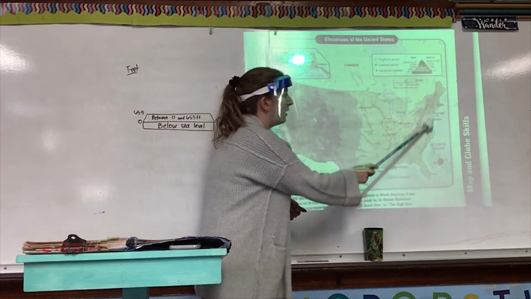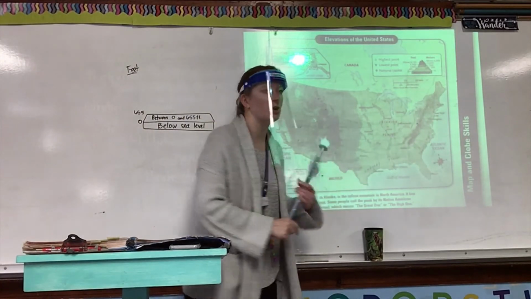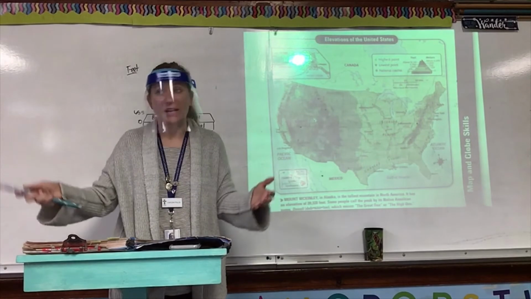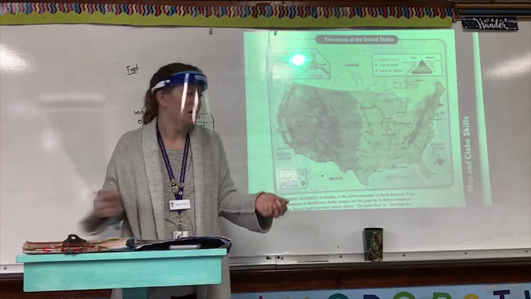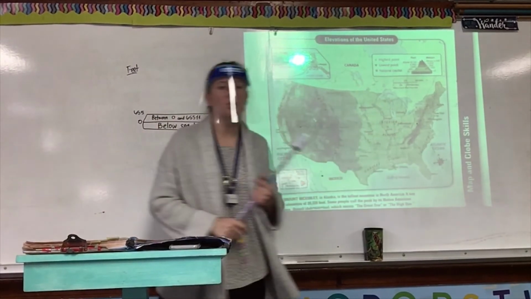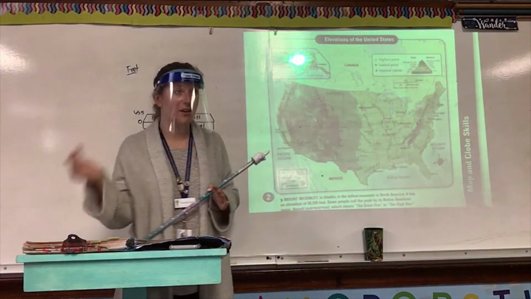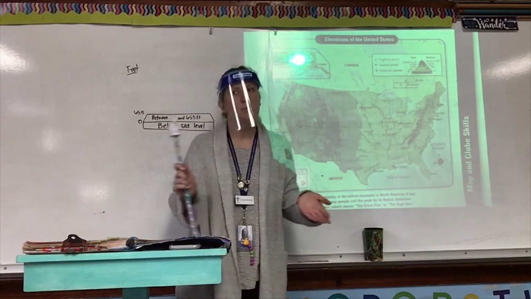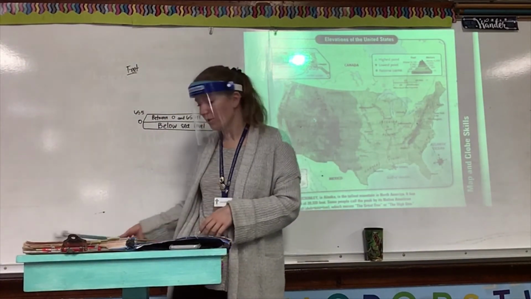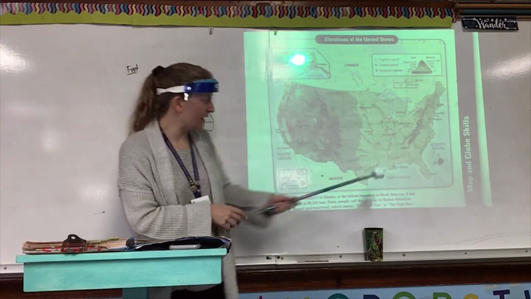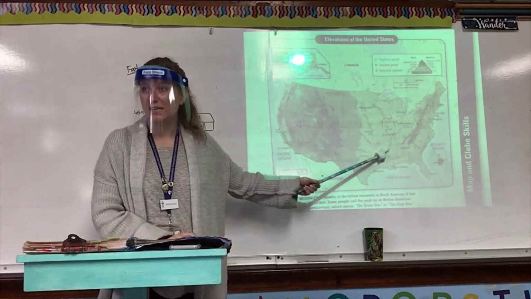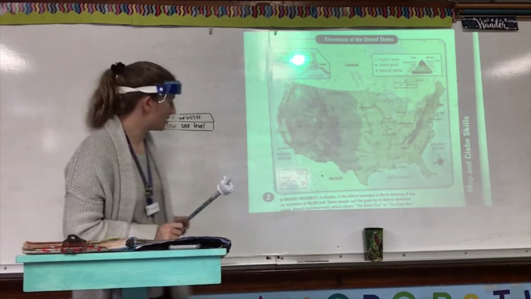We know that along the eastern coast, we have the coastal plain. Again, plains are flat and grassy. So that means anything that is green is very flat. Now there may be little hills, but it's pretty flat. Good. We are green, which means that we are in a very flat part of the country.